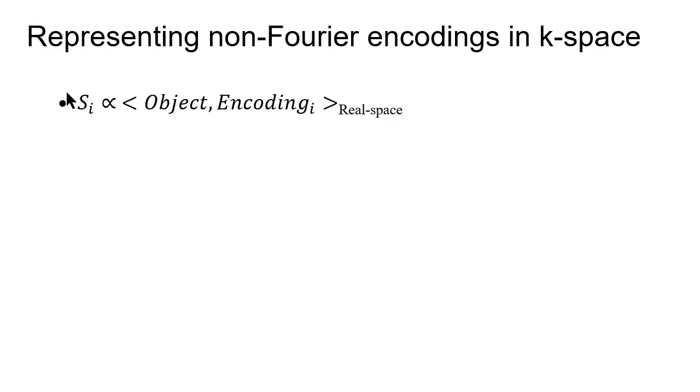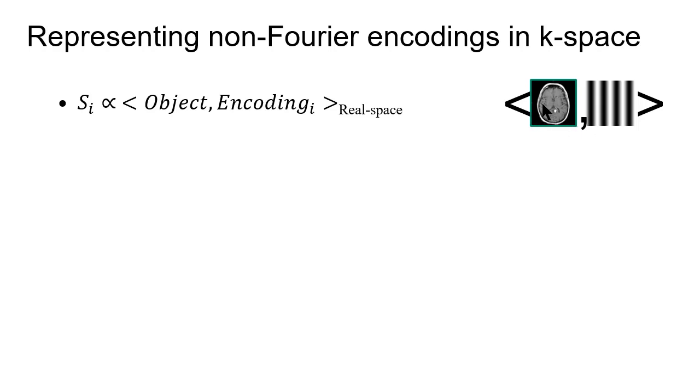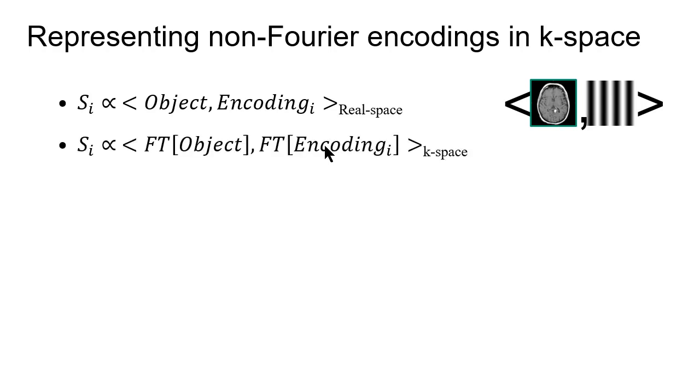All right, I've been talking about how your signal is basically related to this inner product between your object and an encoding function, for example, the spins in your brain and some Fourier function. It is also true, just by a change of basis, that you can make the same statement for both of them in the Fourier transform domain.